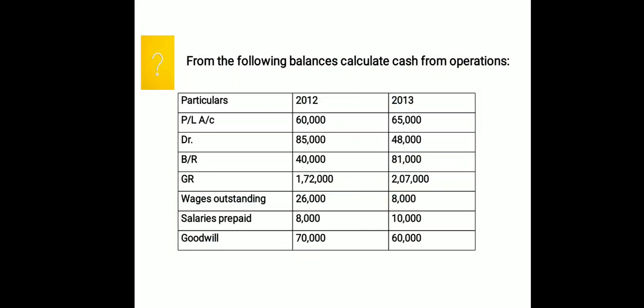Bills receivables, in 2012 the value is 40,000, in 2013 it is 81,000, that means it is increasing. And what we have to do, increase in current asset we need to deduct. Then we have the next, general reserve. In 2012 general reserve is 1,72,000, and in 2013 it is 2,07,000.